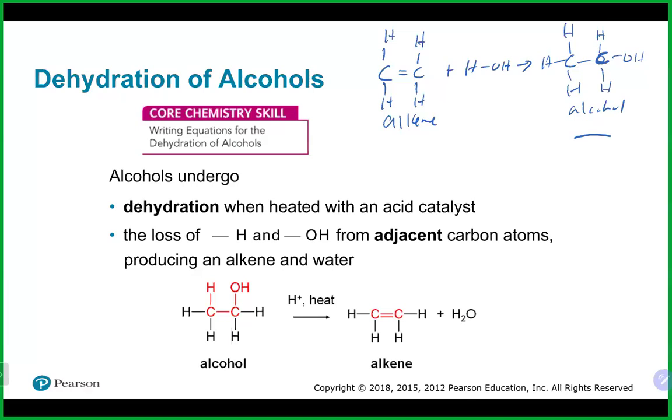The way we put water on is hydrogen goes to one carbon and OH goes to the other. The way we take it off is the same thing: we remove a hydrogen from one and the OH from the other. So where the OH is located, we remove a hydrogen from a carbon next door to it, not the same carbon. Since there is no neighbor with a carbon on this side, we go to this carbon to remove a hydrogen.